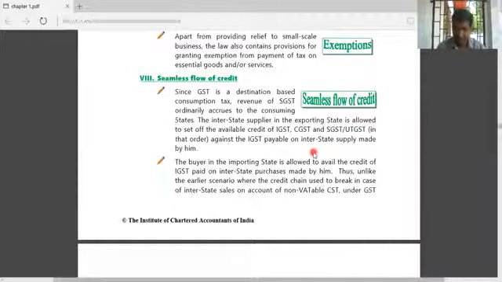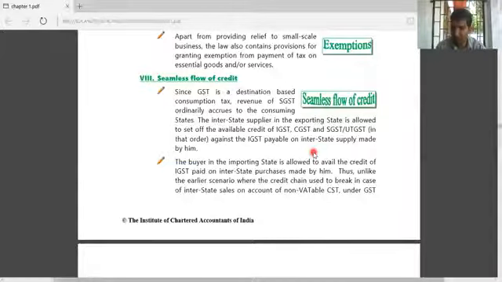We have seen that, for example, in an intrastate supply, say I am a supplier and I am selling a good. If we go to a shop and purchase an item, the supplier is the shopkeeper and we are the recipient. The shopkeeper issues an invoice along with the goods.